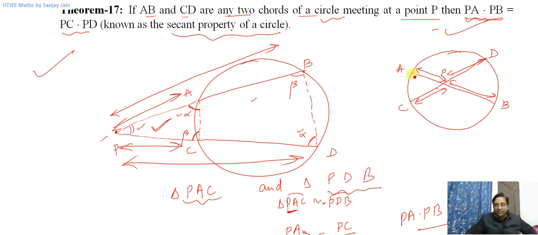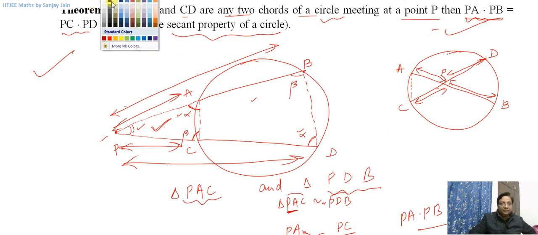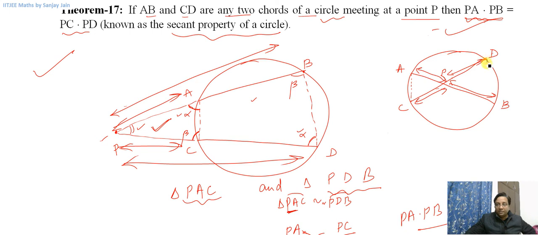Similarly, if I consider these two triangles, when these chords are cutting inside the circle at this point P. Now this angle is equal to this angle because these are vertically opposite. And this angle here, if this is alpha, then this angle will also be alpha. Why?